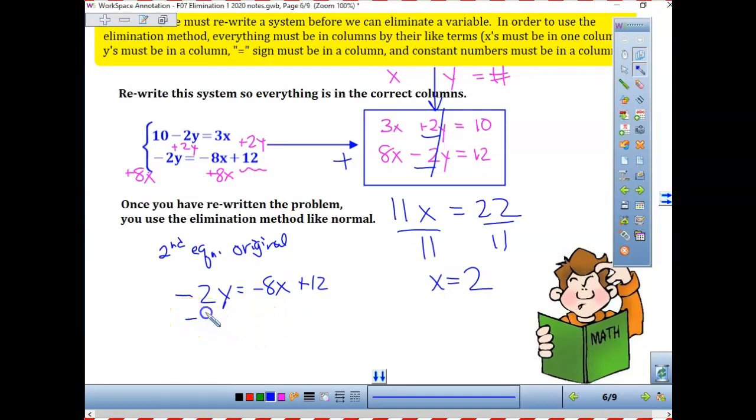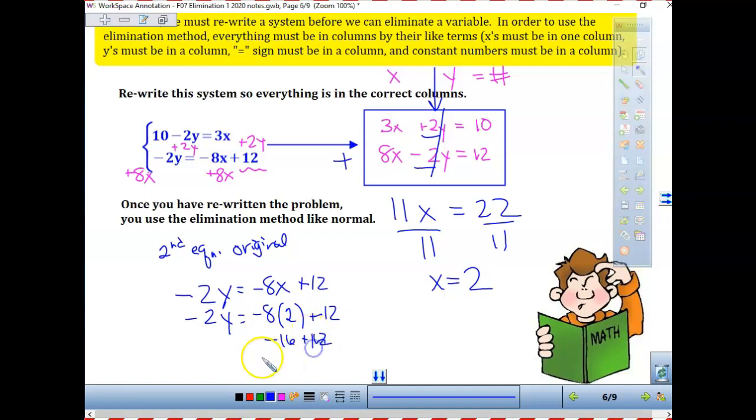So in this case, I'm going to put negative 2y. Guys, and I'm going to put negative 8 times what? What is my x value? 2 plus 12. I have negative 16 plus 12.